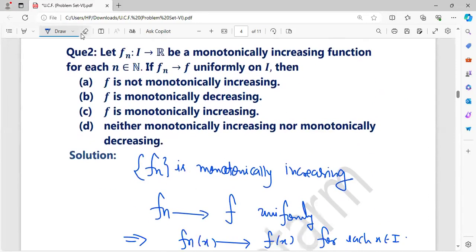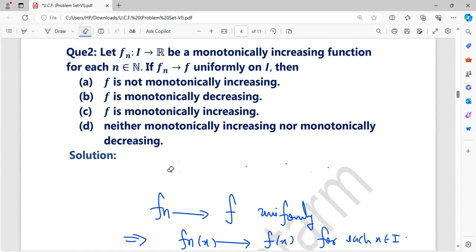Each f_n is monotonically increasing. It is not given that the sequence is pointwise monotonically increasing. Each f_n is monotonically increasing.